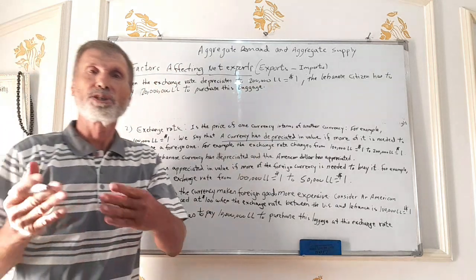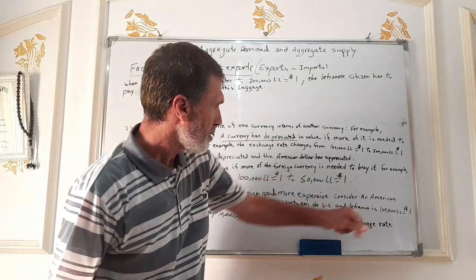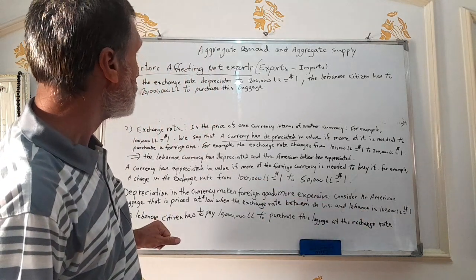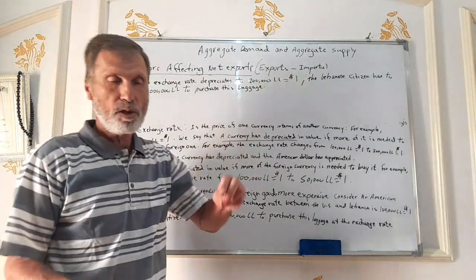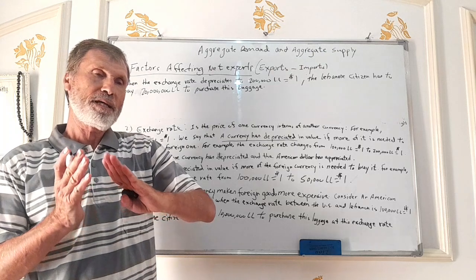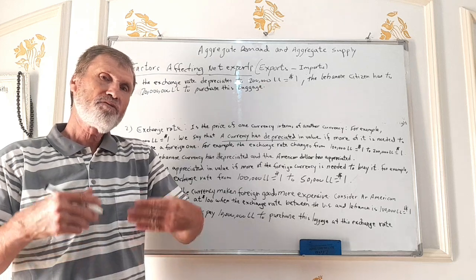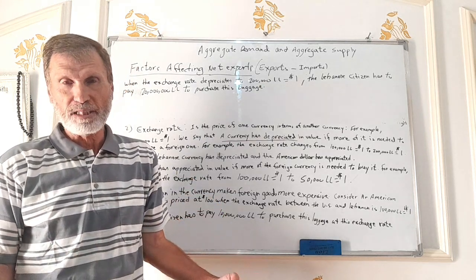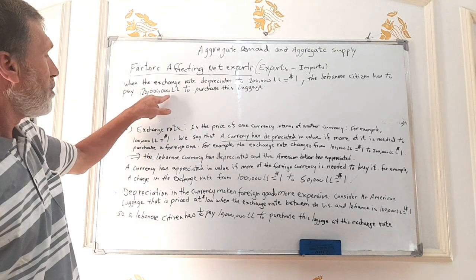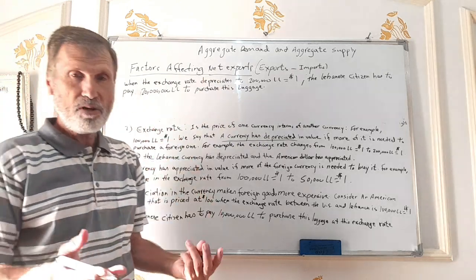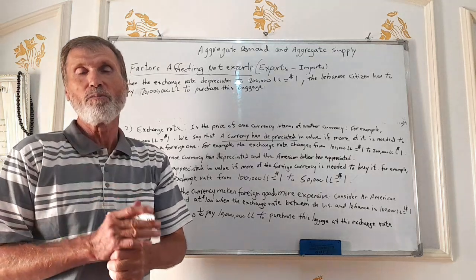When the exchange rate has changed to 200,000 Lebanese lira equal $1. So when the national currency has depreciated in value, it means that the foreign goods and services become more expensive. Now the Lebanese citizen has to pay 20 million Lebanese lira to purchase this luggage. Therefore, depreciation in the national currency makes foreign goods more expensive.